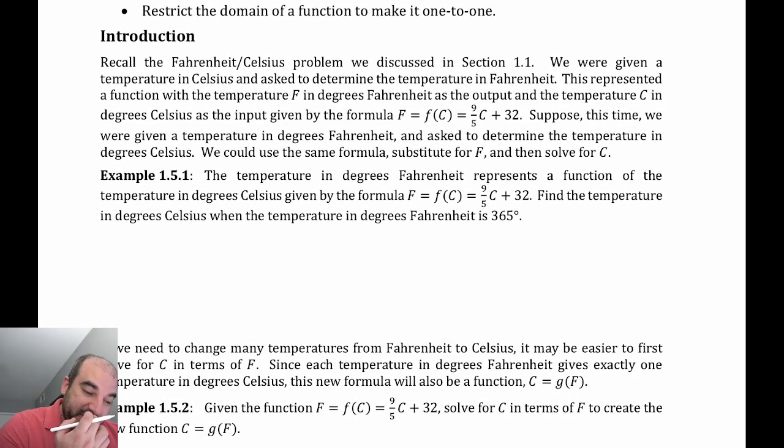The temperature in degrees Fahrenheit represents a function of the temperature in degrees Celsius given by this formula here. Find the temperature in degrees Celsius when the temperature in degrees Fahrenheit is 365. So if they're telling us the temperature in degrees Fahrenheit, that's going to be our F. So F is equal to 365.